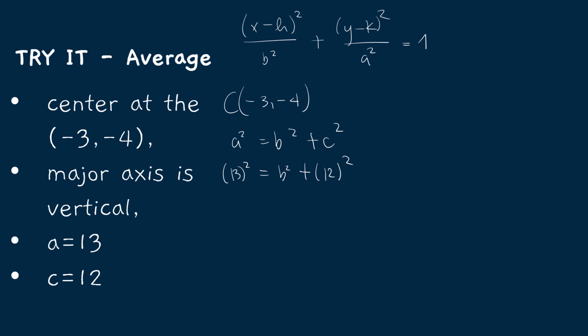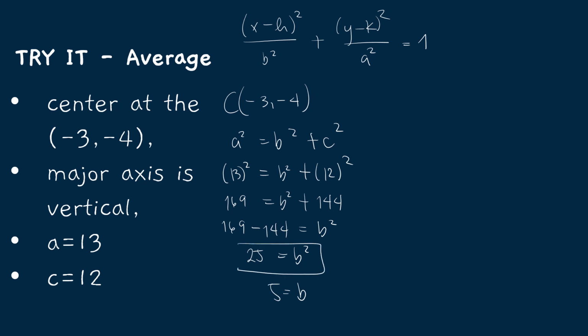If you simplify, 13 squared is equal to 169 is equal to b squared plus 12 squared, which is 144. Okay? And then, transpose: 169 minus 144 is equal to b squared, and 169 minus 144 is equal to 25. That is already your b squared. You can get the value of b by getting the square root, which is equal to 5, but I will use 25 already because I need that in my standard equation.